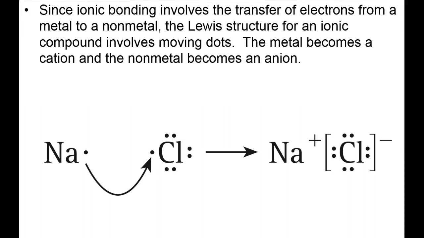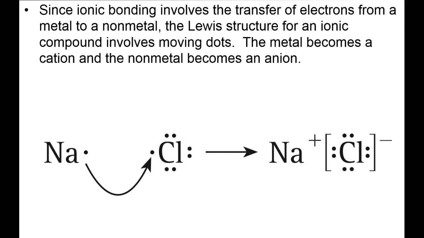Okay, so when we look at ionic bonding, we have the transfer of electrons from a metal to a nonmetal, and this is what it looks like in moving dots. If we look at sodium, which is in the first column, because it has 1 electron, you get 1 dot here. With chlorine, it's in column 7, right?